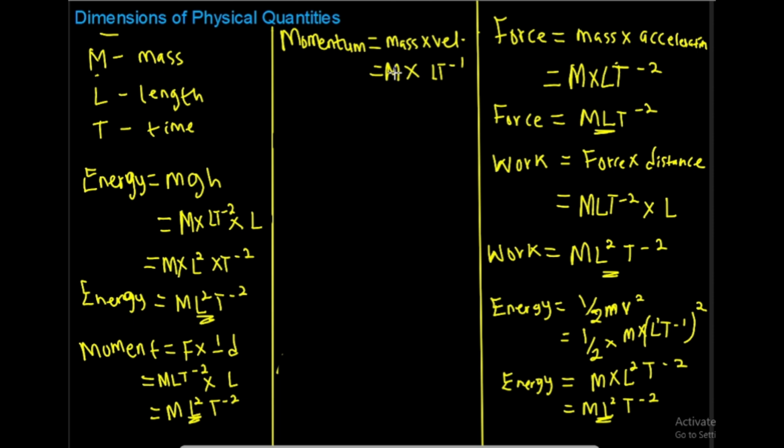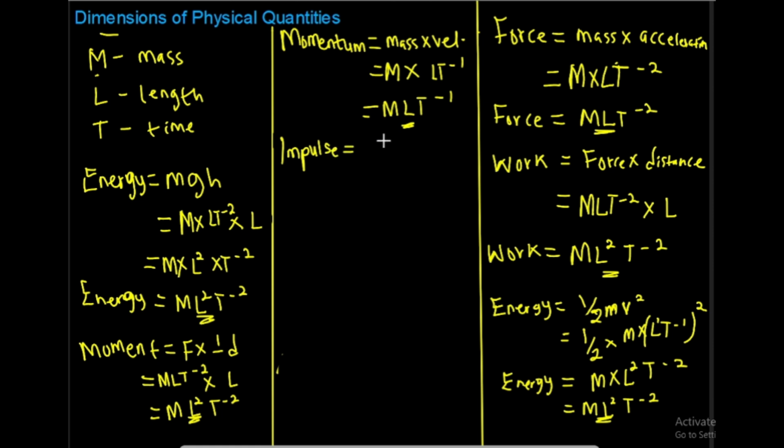So some dimensions you just can memorize them. Dimensions for the basic ones, not basically all of them, like velocity, force, and the likes. So we have mass times velocity. So the dimension for momentum is going to be MLT^-1.